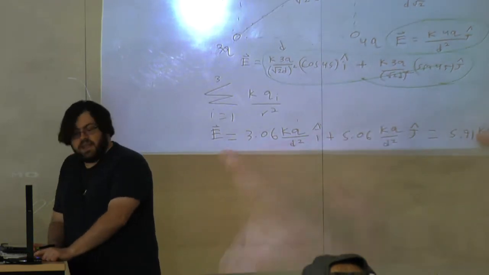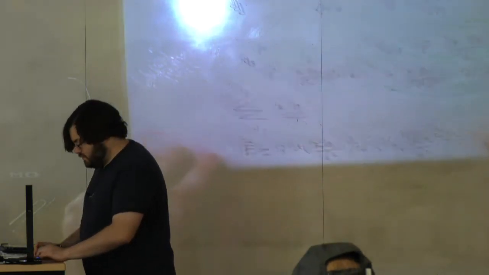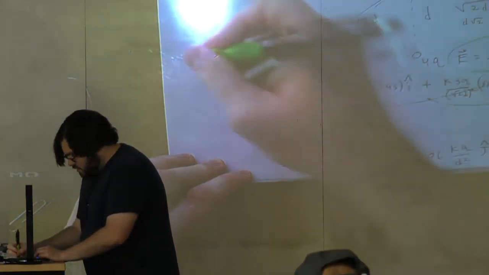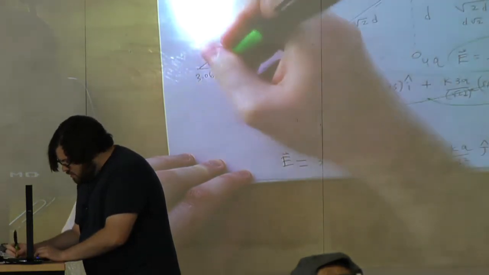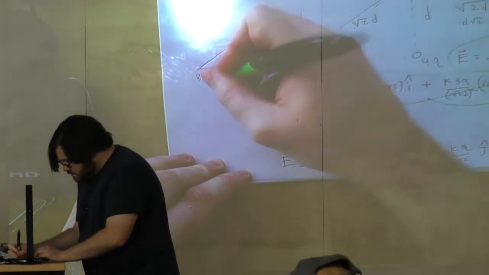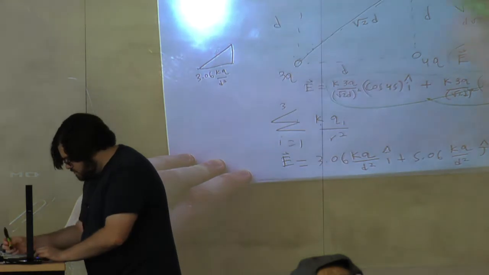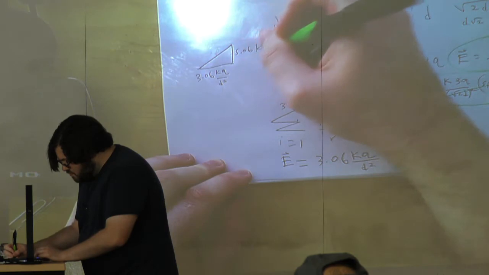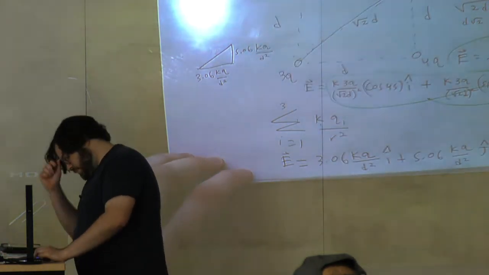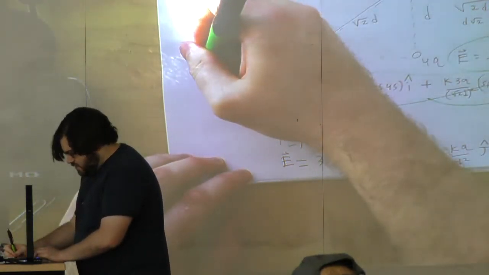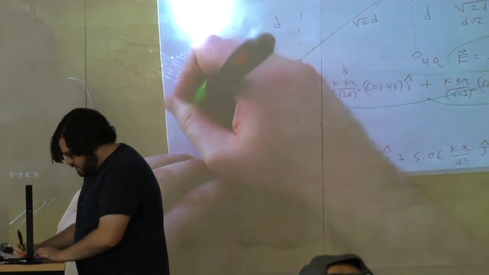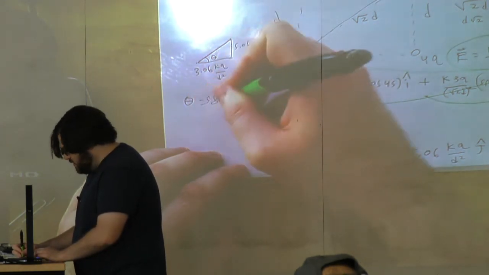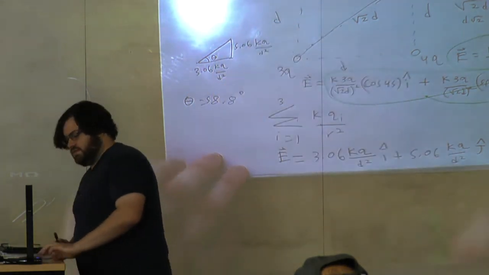Now, the angle. Who knows how to find the angle? Well, we have to make a triangle. All right, and we have to use trig to find this angle, and it turns out that the angle is 58.8 degrees.